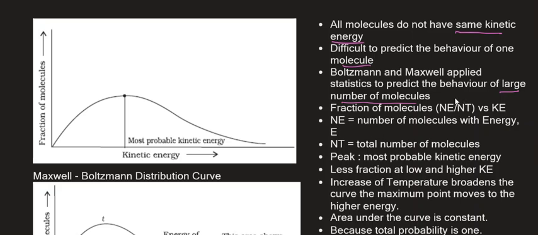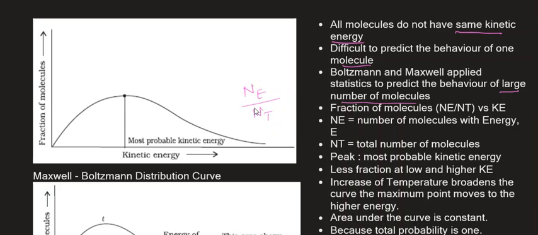So we can represent this by the ratio Ne/Nt. As I already mentioned, all the molecules are not going to be excited or acquire the energy. They will be acquiring the energy at different stages.